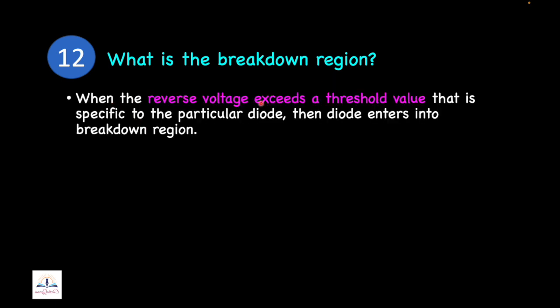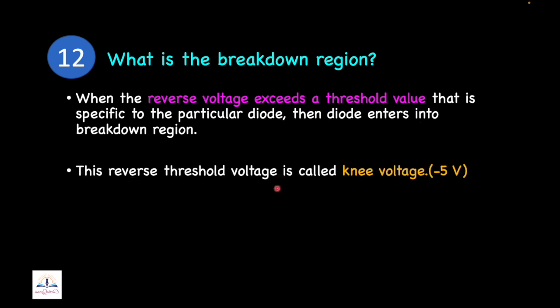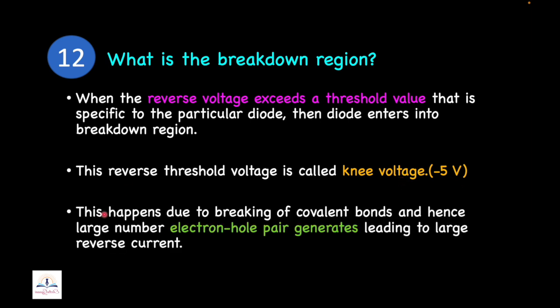When the reverse voltage exceeds a threshold value that is specific to the particular diode, the diode enters the breakdown region. This reverse threshold voltage is called the knee voltage and it is approximately minus 5 volts. This breakdown happens due to breaking of covalent bonds, and hence a large number of electron-hole pairs are generated, leading to a large reverse current that we have seen in the IV characteristic.